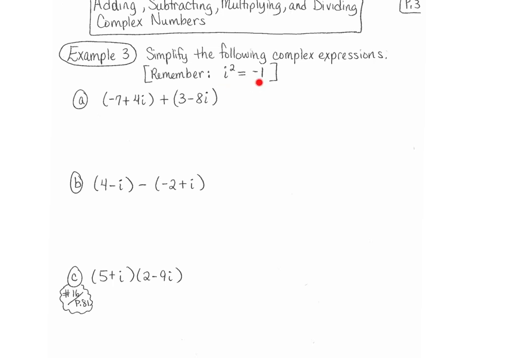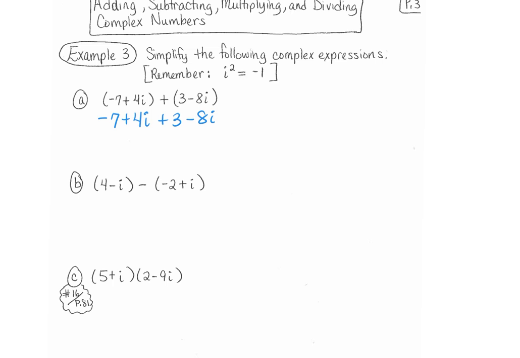Remember, i squared is equal to -1. Here we are doing what to these complex numbers? Adding them, yes? So this is equal to, I'm going to drop the parentheses, -7 plus 4i plus 3 minus 8i. Then we're going to combine like terms.